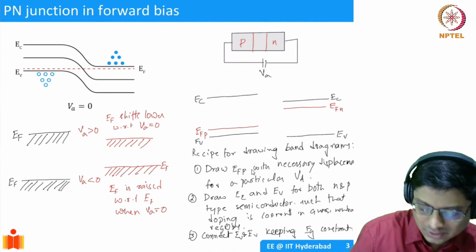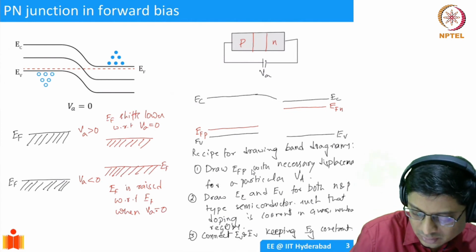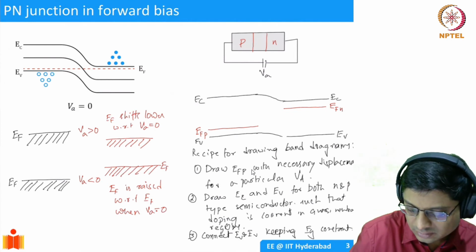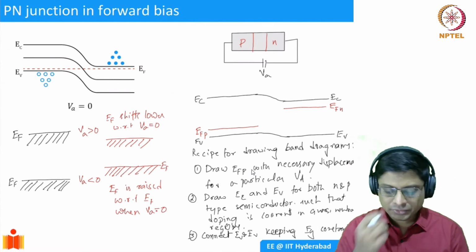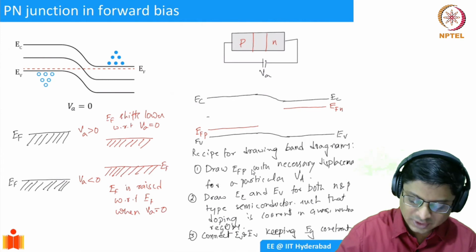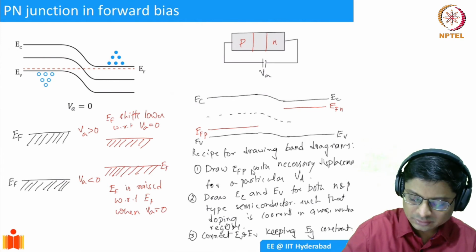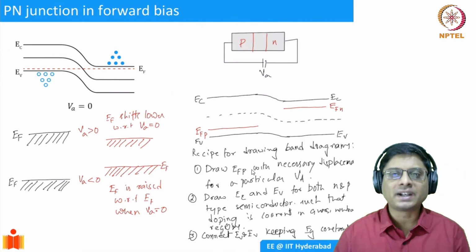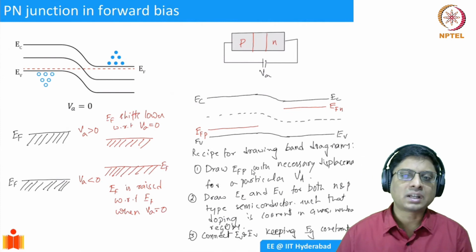So it's going to be a quadratic shape, not a straight line. Okay. So this is it essentially. And you can also draw the EI, which is exactly in the middle. This is the band diagram of a PN junction with applied voltage.